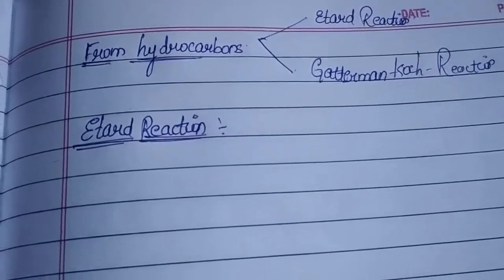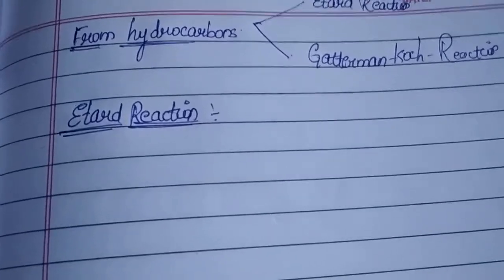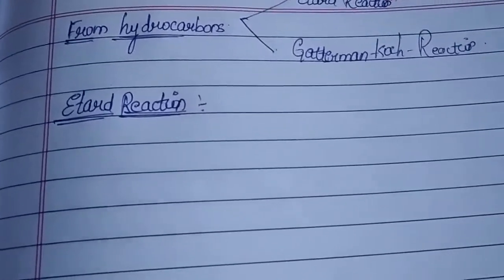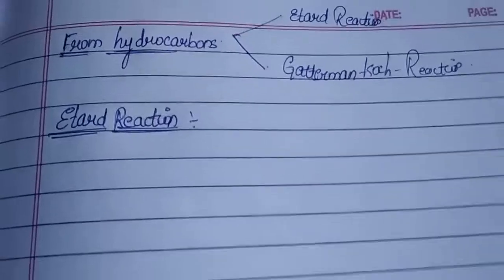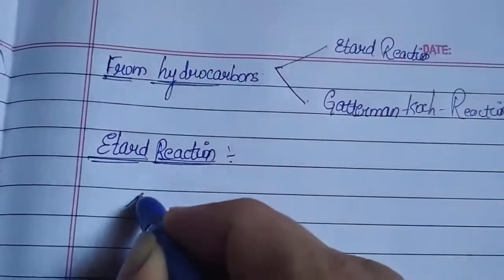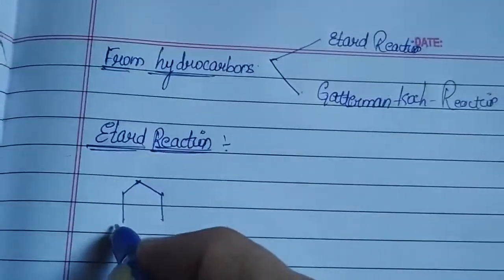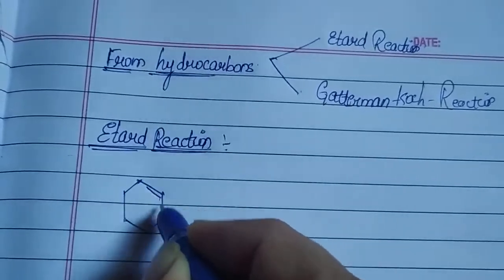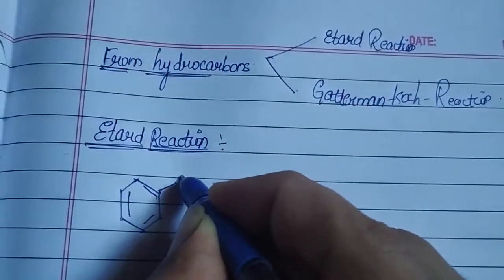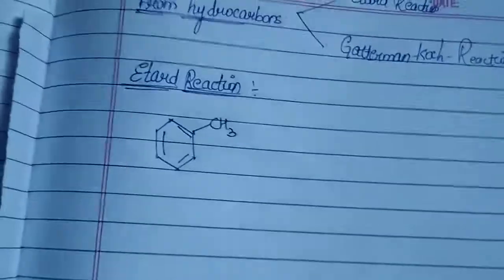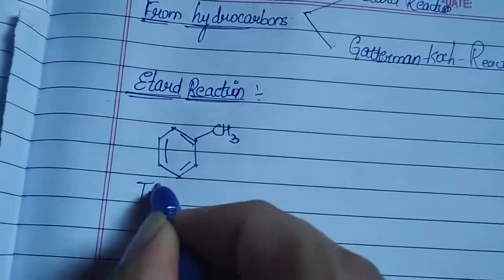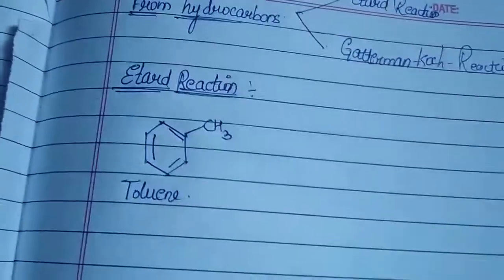In Stephen reaction, we came to know it was a conversion of nitrile to aldehyde. Whereas the Etard reaction mainly involves the conversion of methyl benzene. That is, in this case, I am taking toluene. That is your methyl benzene. Toluene is the common name.